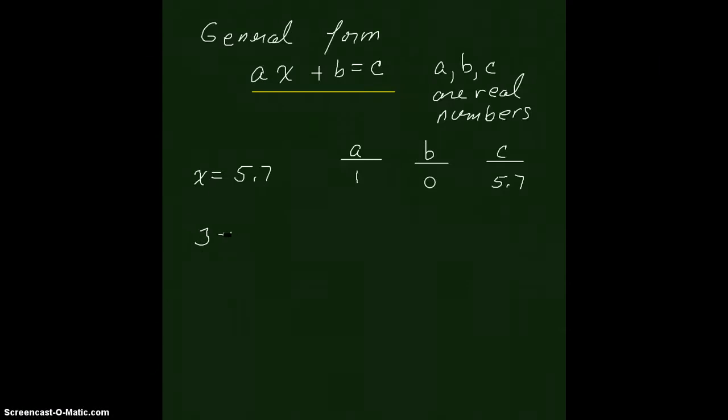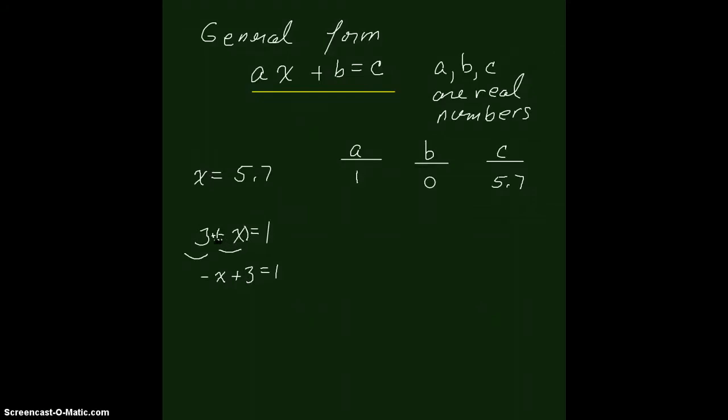3 minus x equals 1. In this case, it might be easier to rewrite this and commute the minus x and the plus 3. So we could write this as minus x plus 3 equals 1. Because really there's a plus in between here: 3 plus this negative x.